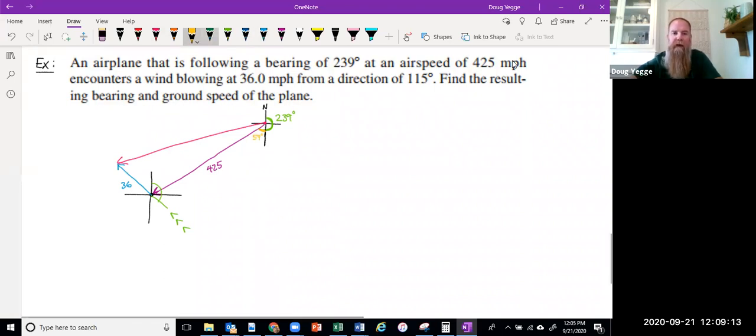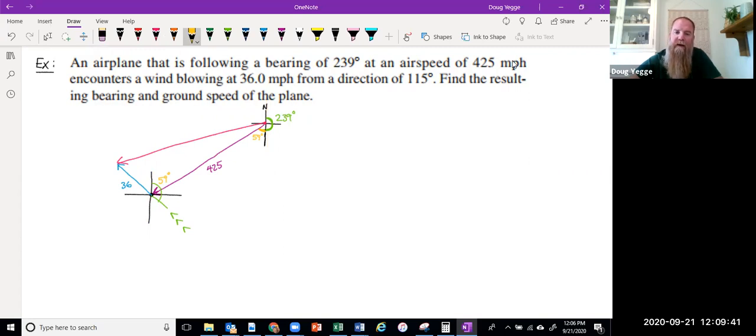Now notice that's really helpful because of this fact right here. This north-south line is parallel to this north-south line. And so that must imply that alternate interior angles are equal. So this angle right inside here formed between the north-south line and the purple vector is also 59 degrees. So that's already giving me part of the angle inside of my triangle.